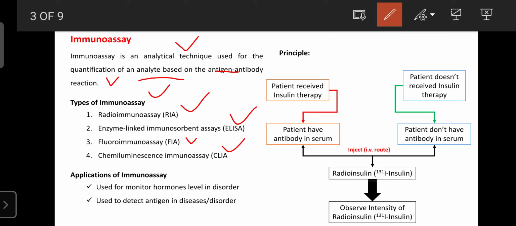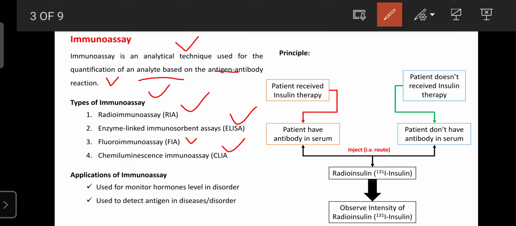Those are helpful for the diagnosis of endocrine diseases and for monitoring the concentrations of hormones in our body, or the concentrations of immunoglobulin in our serum, which are also determined or estimated with the help of immunoassay.